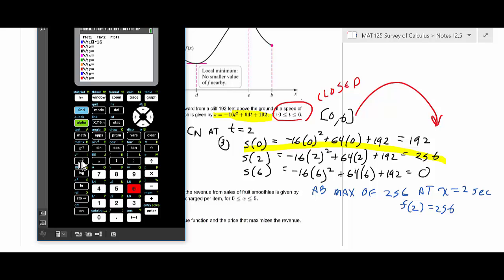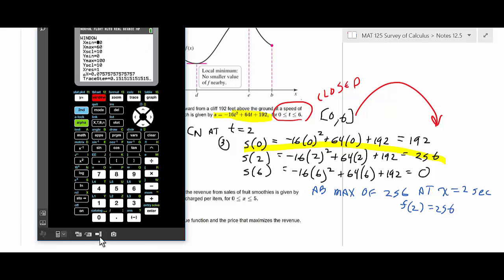So I'll have negative 16 x to the second, plus 64x, and then plus 192.